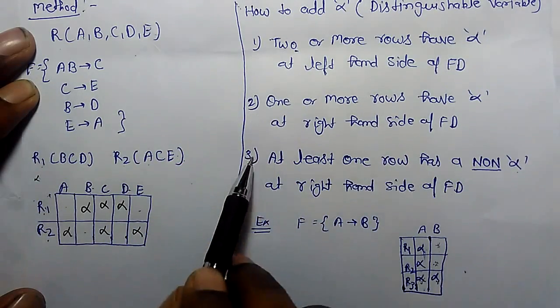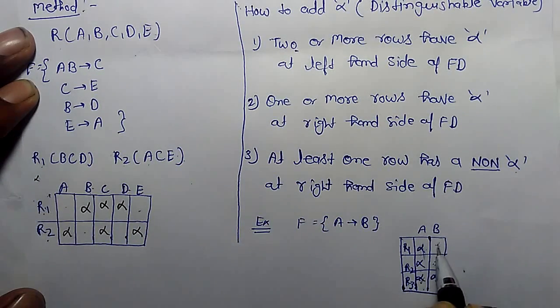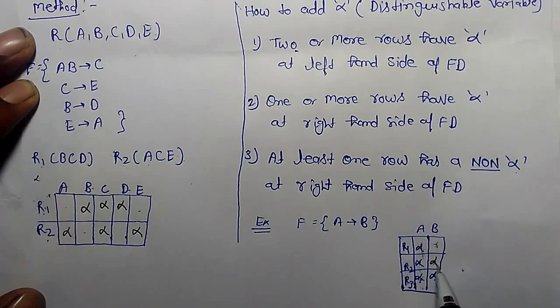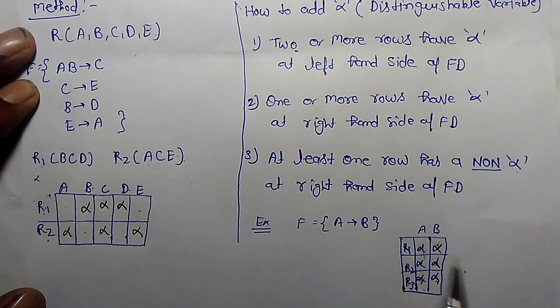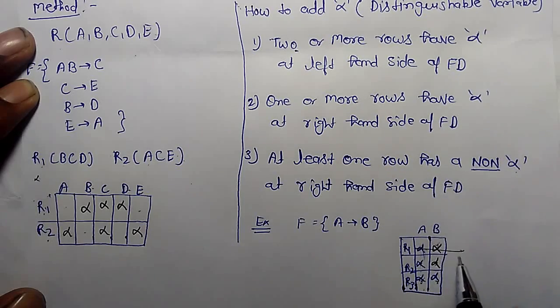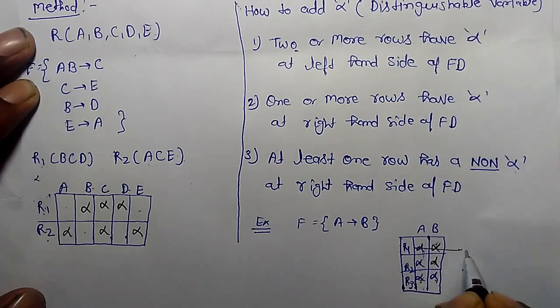If all 3 rules are followed, we can fill alpha at the blank places. At the left hand side 2 or more alpha is there, and on the right hand side at least 1 alpha is there, so we can fill the remaining blank spaces with alpha. If one row is completely filled with alpha, it is lossless.